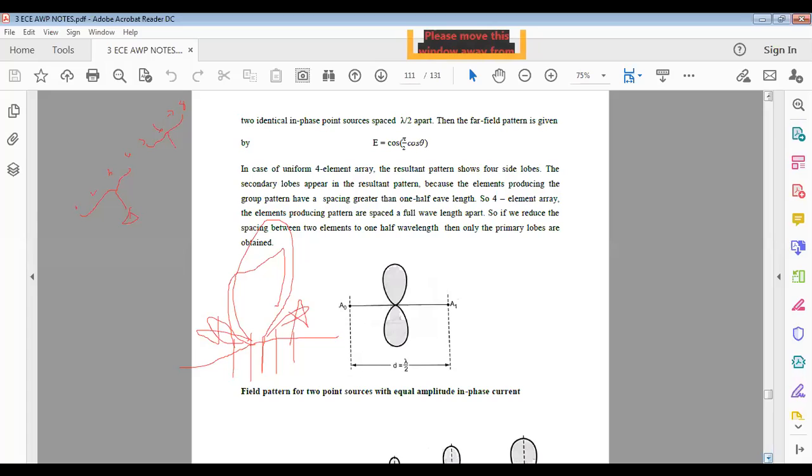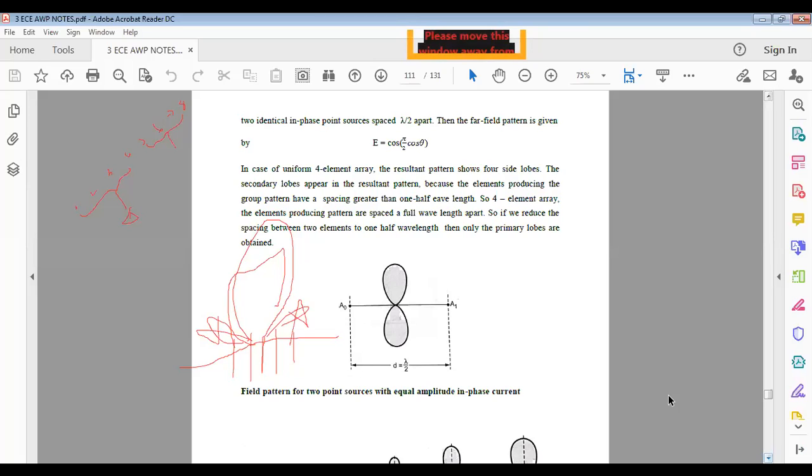The secondary side lobes are also there, but they are not significant. Simply they lose directivity in the desired direction. That is the problem here. Because of the side lobes, the net directivity decreases.